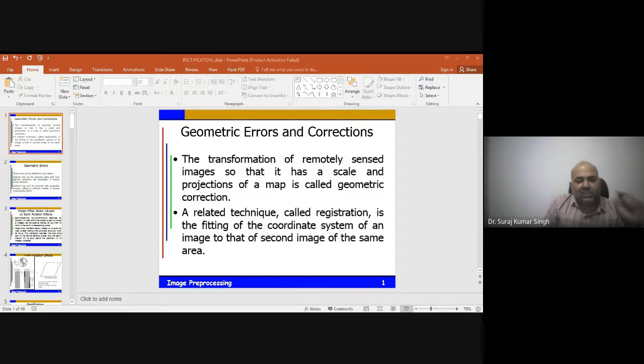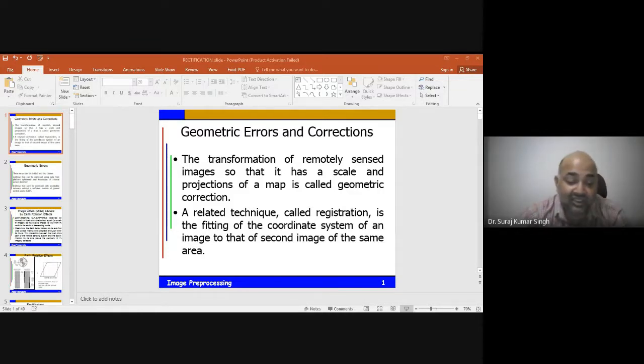So this process involves the extraction of the values from the location in the input image and its relocation to the appropriate coordinate location in the rectified output image. So you have to see where this position of the image has gone, where the original value was in the image, how the image looks now, and which are the pixels nearest to it.